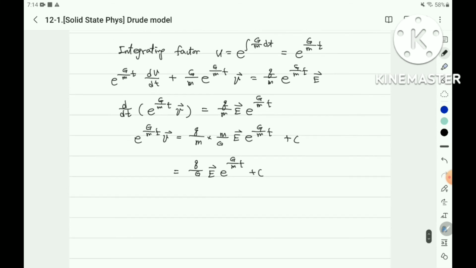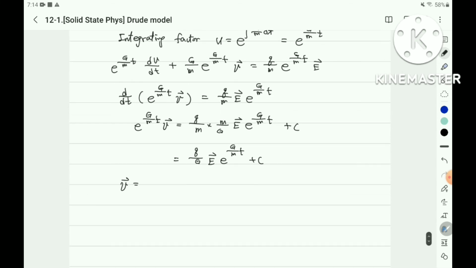Therefore, v is, as the exponential terms cancel each other, qE/g plus c exponential minus (g/m)t. Here it is a solution for the velocity.